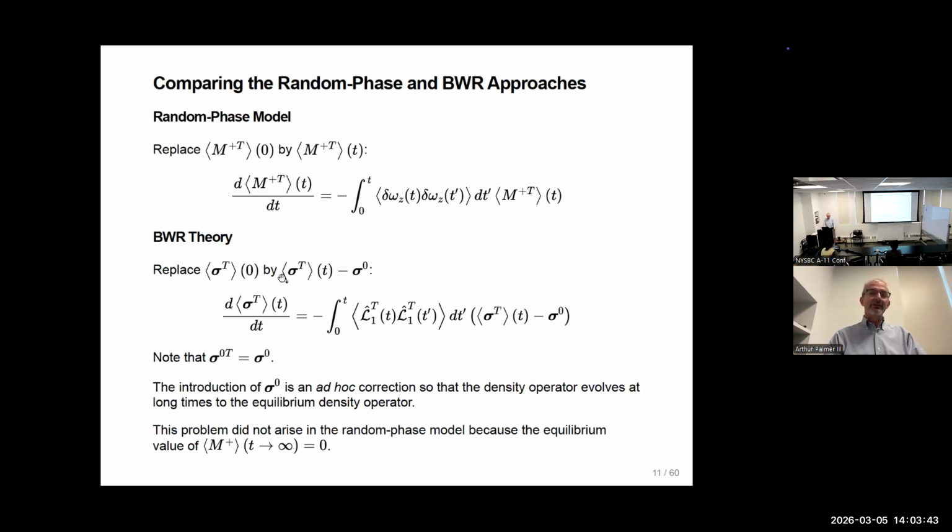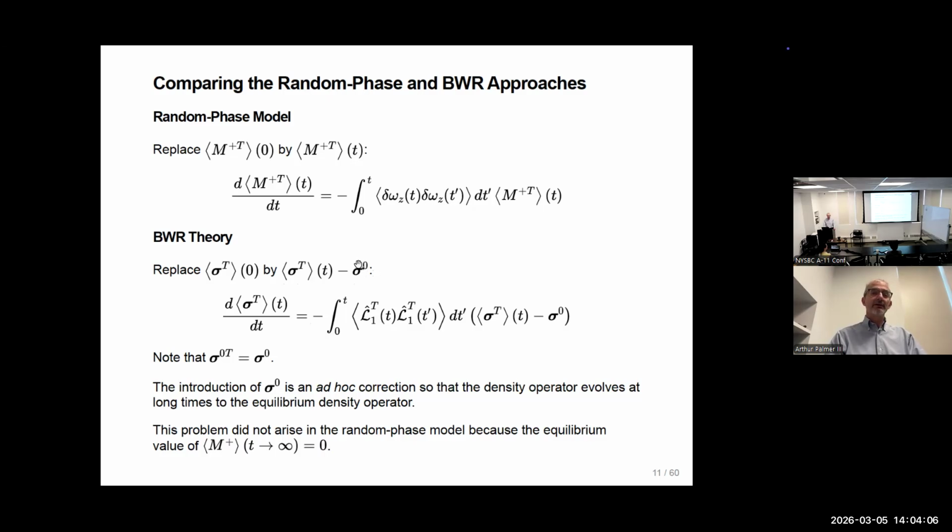Here I replace 0 by t, but also I make my fix. I make the fix, then I know this differential equation has to go back to the Boltzmann equilibrium. So sigma 0 here is Boltzmann equilibrium, and I've subtracted it from sigma t.